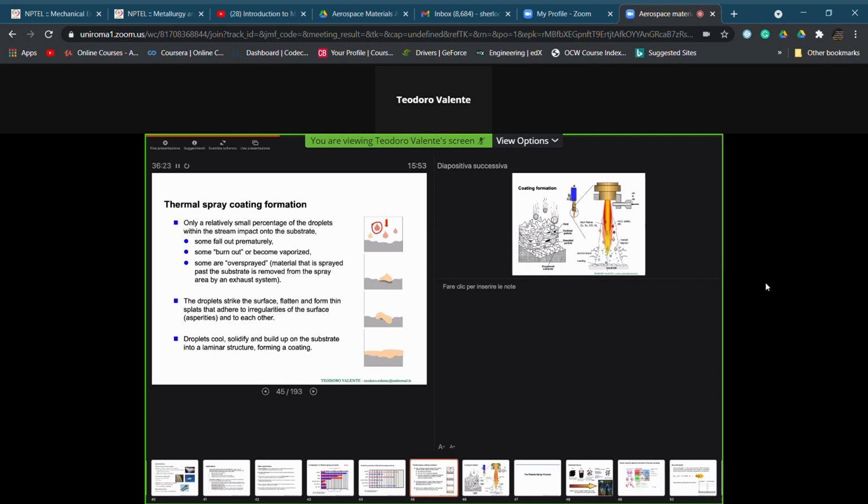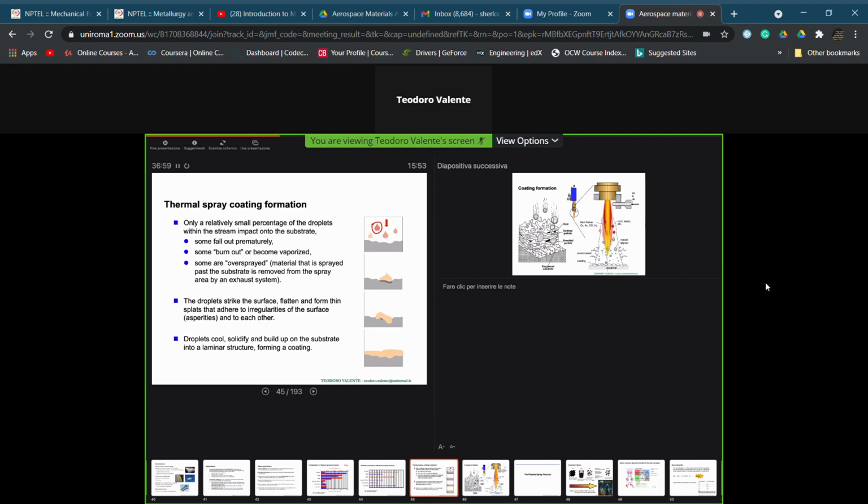They can splat on the substrate, and then by subsequent splats, you can fabricate coatings of the thickness you desire, with the limitation that we will see later on. We have already said that these technologies belong to the technological processes suitable for the fabrication of so-called thick coatings.